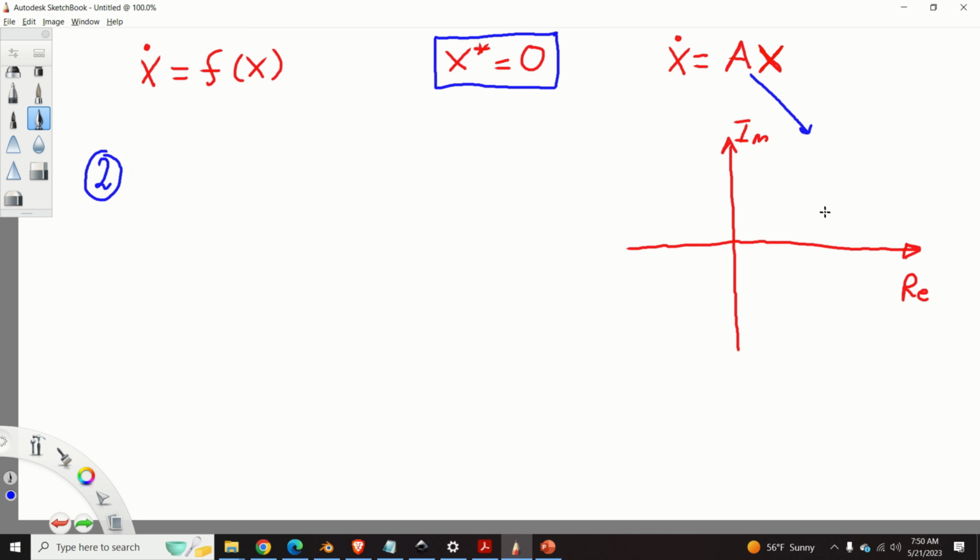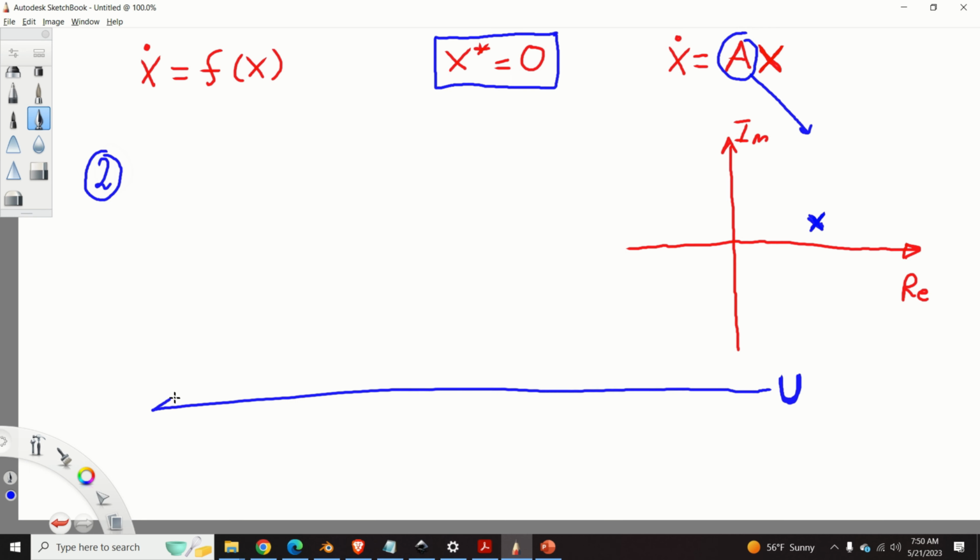If at least one eigenvalue of the matrix A of the linearized system is in the right half of the complex plane, then the equilibrium point of the linearized system is unstable. This implies that the same equilibrium point of the nonlinear system will be unstable.